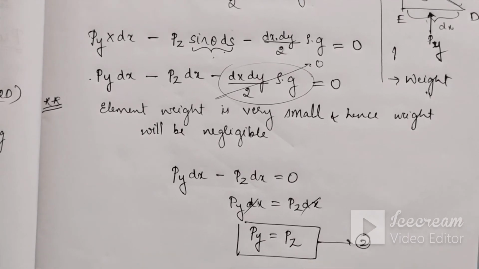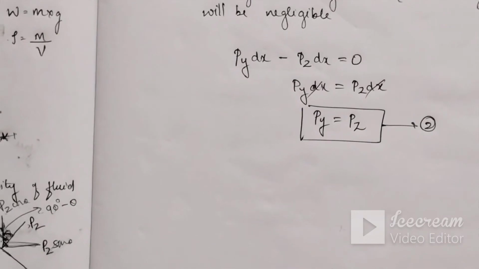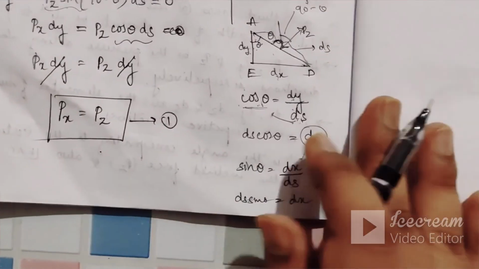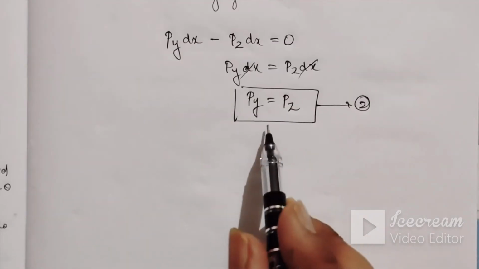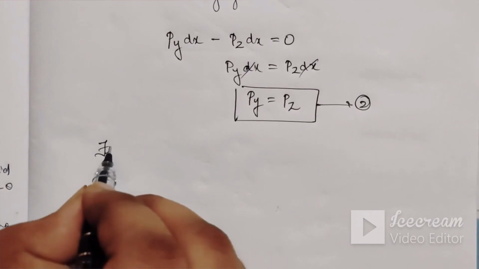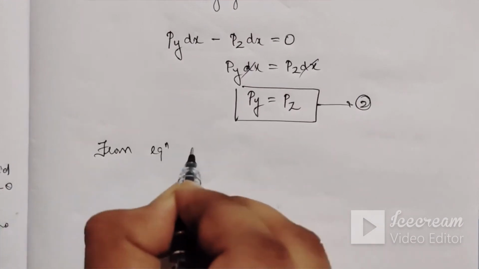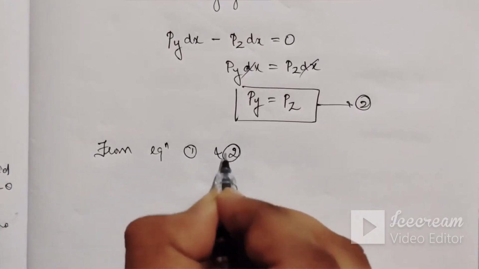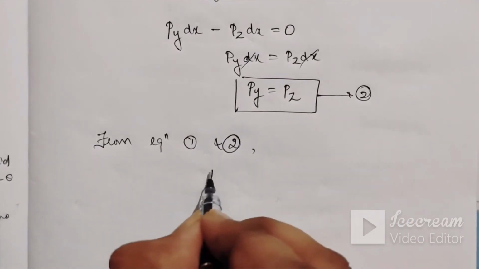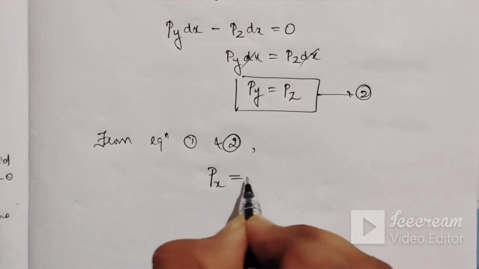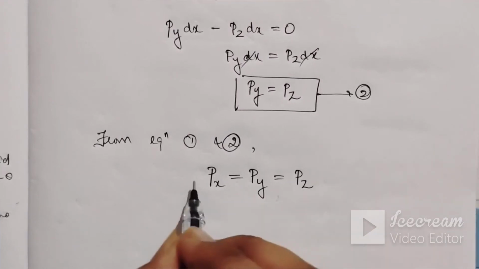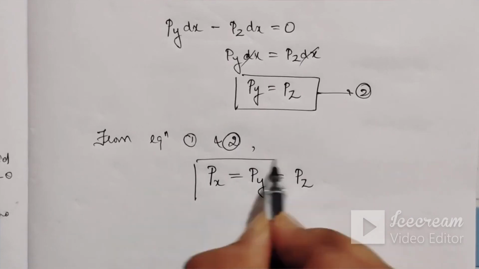Equation number 2. Equation 1 is px is equal to pz. Equation 2 is py is equal to pz. Now from equation 1 and 2, what can we write? We can write that px is equal to py is equal to pz. So what does this tell?